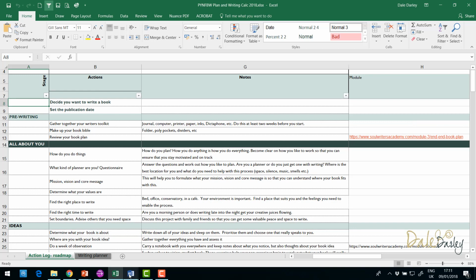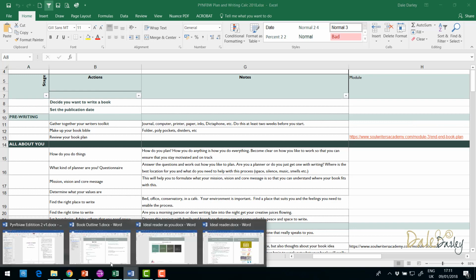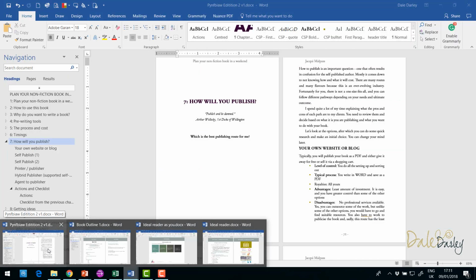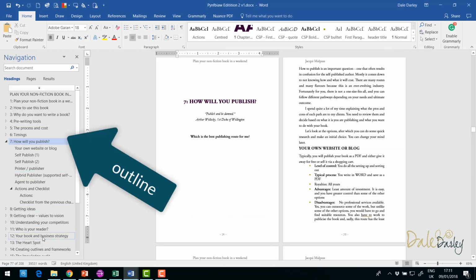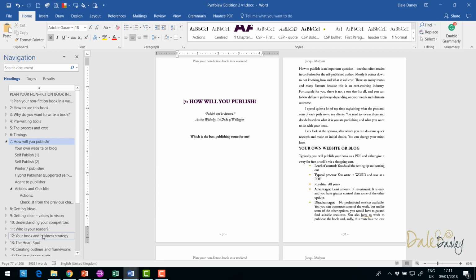Now, part of that is we're going to look at things like, so we know we've got the full book plan. Well, we're going to look at how we create an outline. Now, this book in front of you is a very standard how-to book. That doesn't matter. What matters is that you know how your book flows. So if you're writing a memoir and a personal story, what is the flow to it?